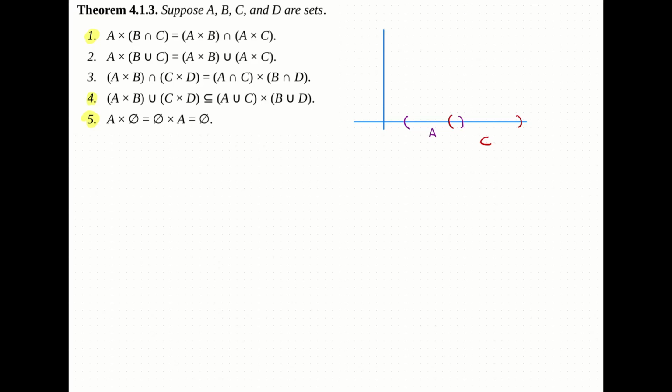Then our set B, let's say it's over here. And let's take our set D, so here's some overlap, to be this. So now, if we're looking at A cross B, A cross B is going to be everything above A and everything to the right of B. And so the overlap of the two. And so what we're going to be looking at is this region right here.